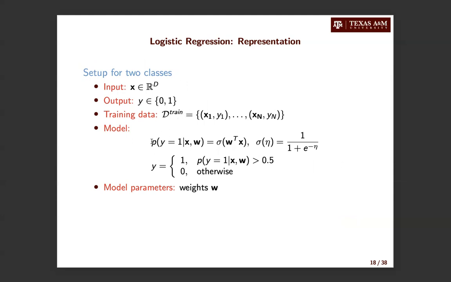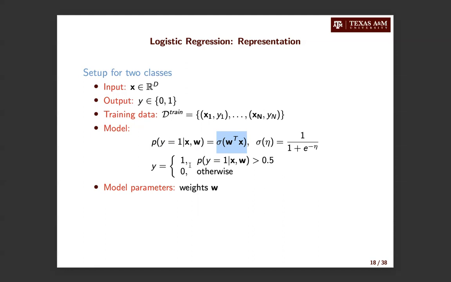Now, the model takes us from an input space X to the output space Y by expressing the probability of our output belonging to class 1, given our features and the weights of the logistic regression model. And this probability is equal to this sigmoid of W transpose X.